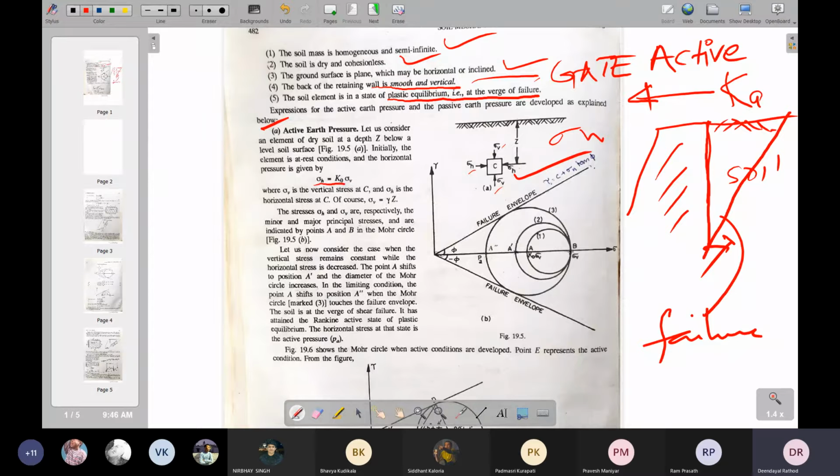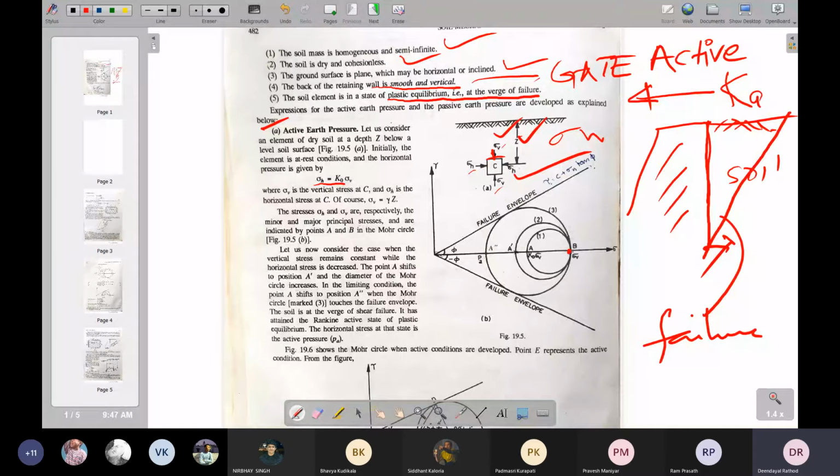Let us consider the element of a dry soil at a depth h or z below the soil surface. Initially the element is at rest, and we already know its value. This is the vertical stress, which is maximum. This is the maximum principal stress.